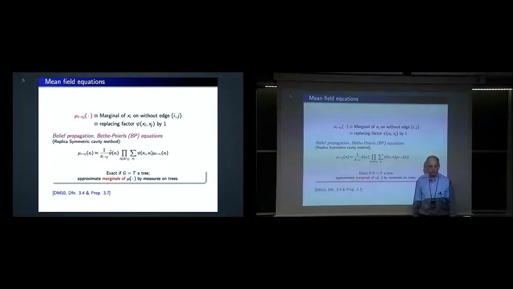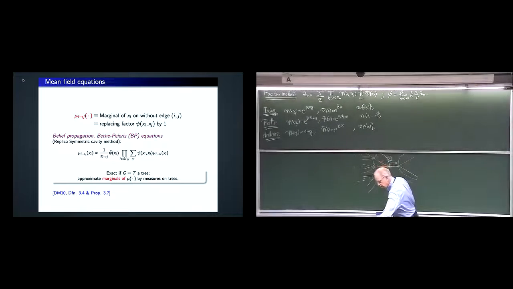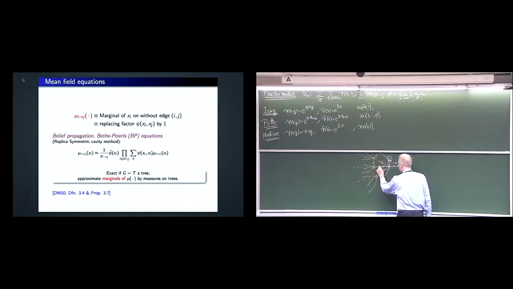So if you want to have, you have a psi here, you have a psi here, you have a psi here, you have a psi bar. And you have messages H, mu, and then you have a mu.